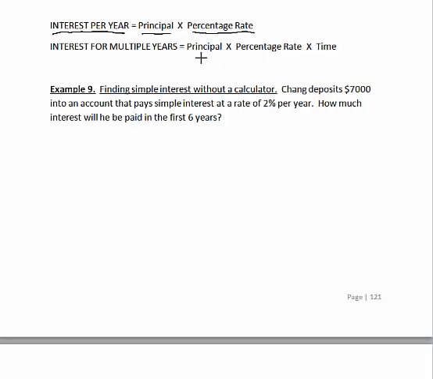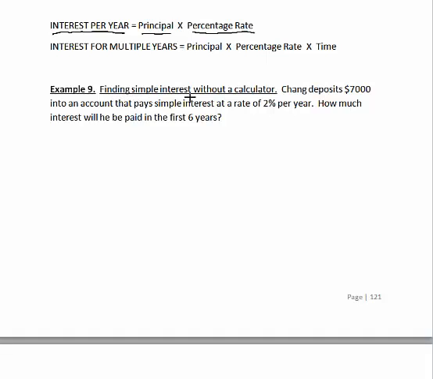Most checking and savings accounts and CDs operate on compounded interest, which is a slightly different and probably more accurate way to calculate interest. But for this chapter, we're just simply going to use simple interest if the interest is left in an account for multiple years. So time would be in years.